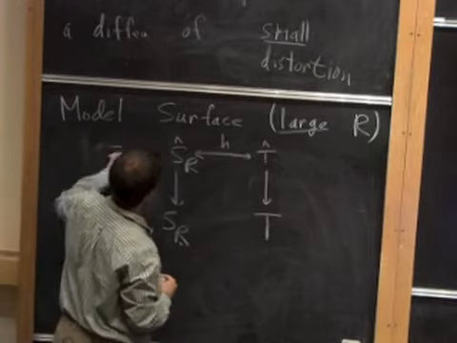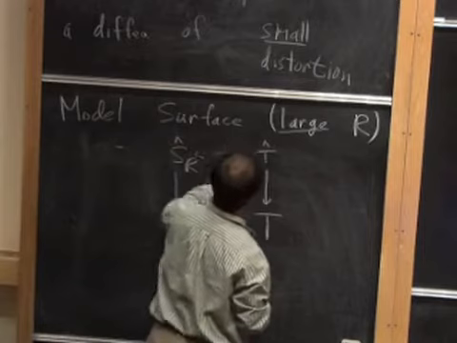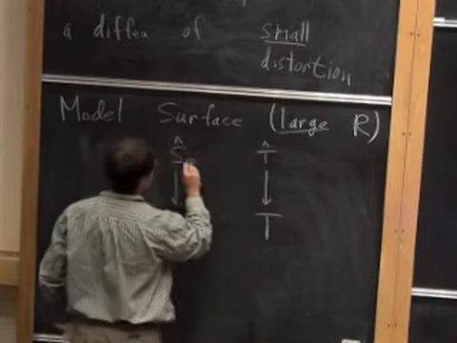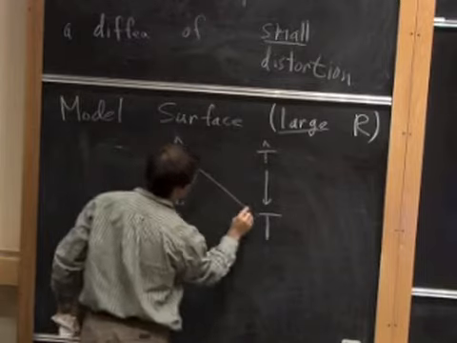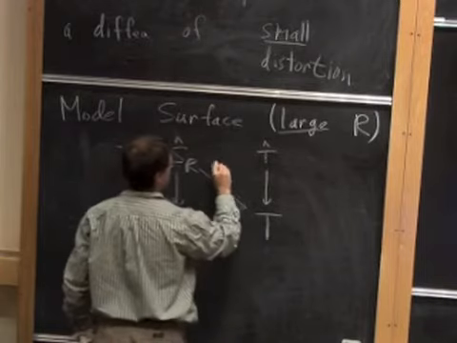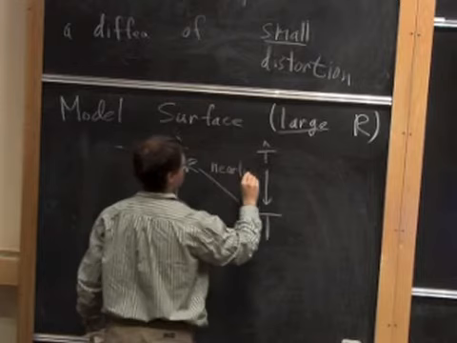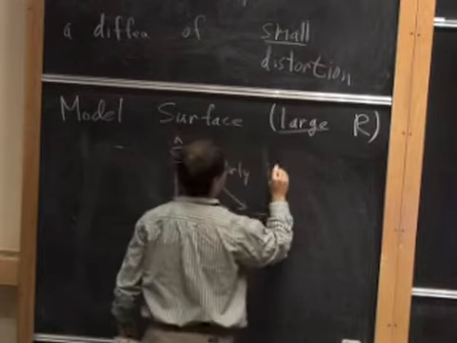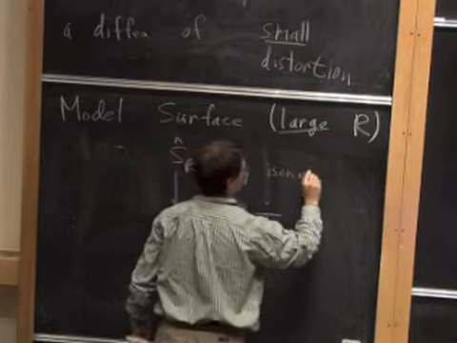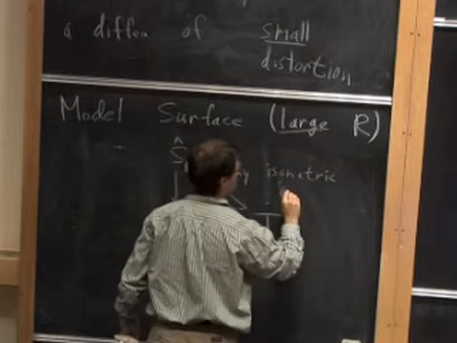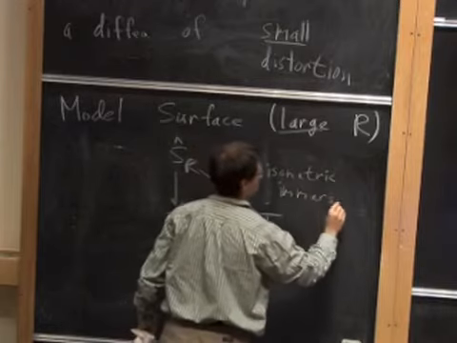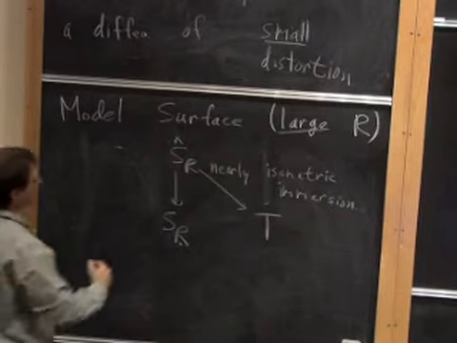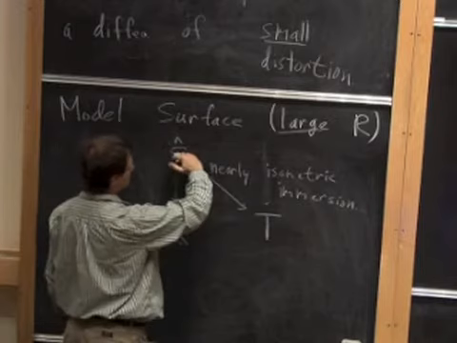All right? And the point is that another way to think about this is that I'm going to build this model surface, and I'm going to have a nearly isometric immersion. So I'm going to build a cover of the model surface.